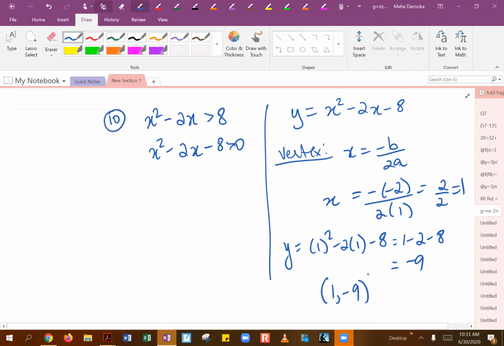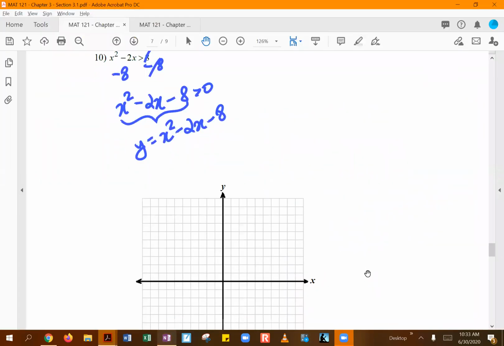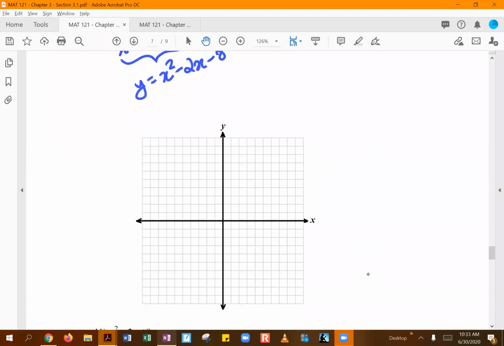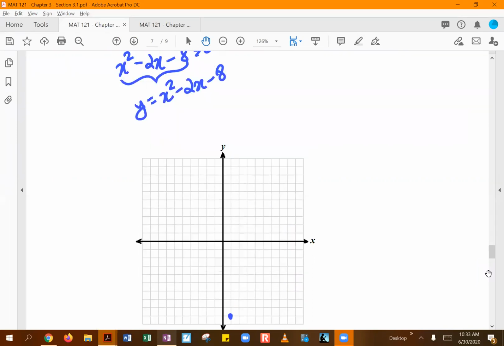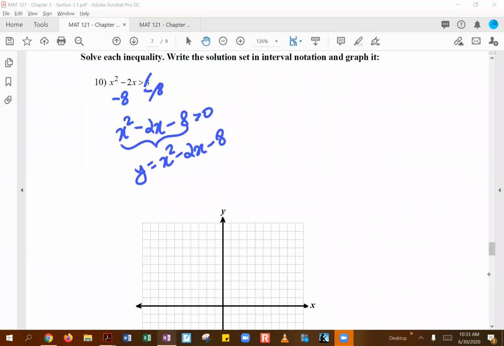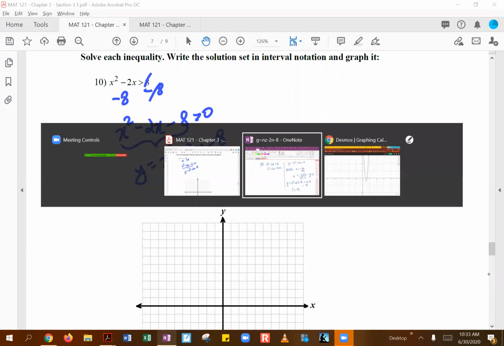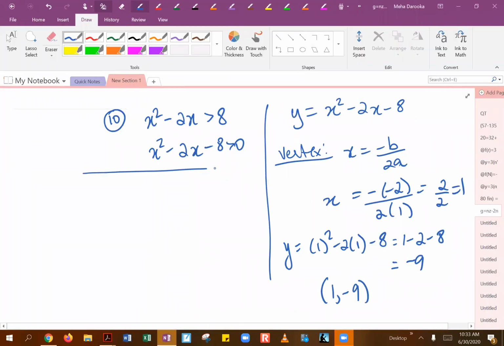Now that we have our vertex at positive 1, negative 9, which will actually be a point down here, let's go ahead and find some other points. Maybe let's see where our x and y intercepts are.